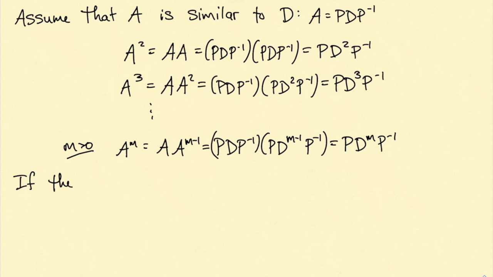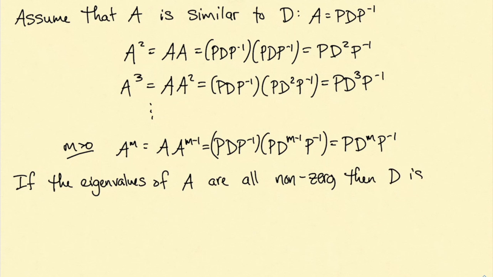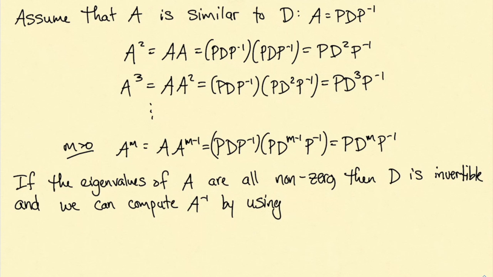So if the eigenvalues of A are all non-zero, then D, whose entries along the diagonal are all the eigenvalues of A, is invertible, and we can compute A inverse simply by using the formula A inverse is equal to P D inverse times P inverse.